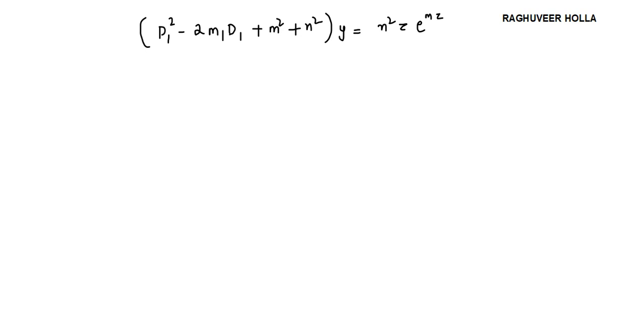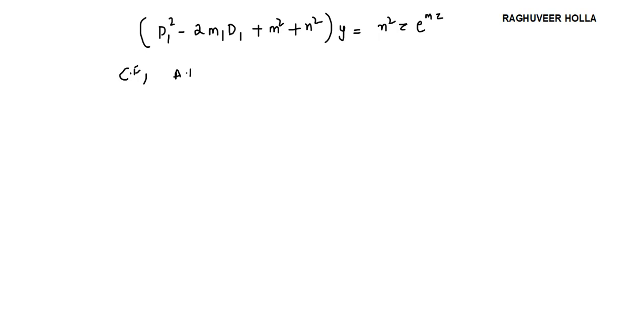So now this looks like an ordinary differential equation, and it is non-homogeneous, and also it is a second order differential equation. Now let us find the complementary function corresponding to this.